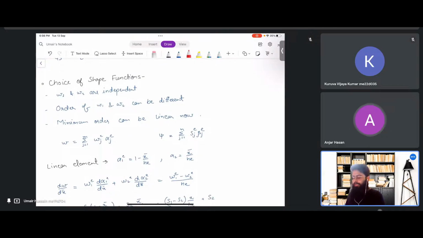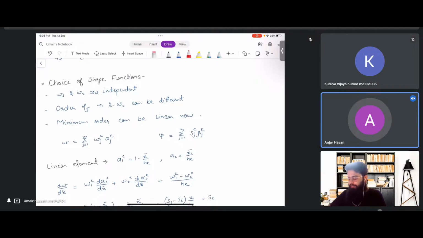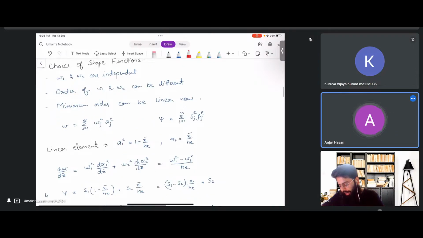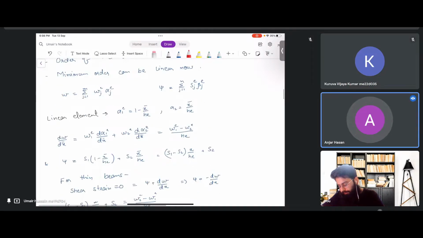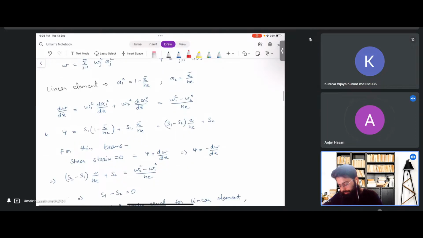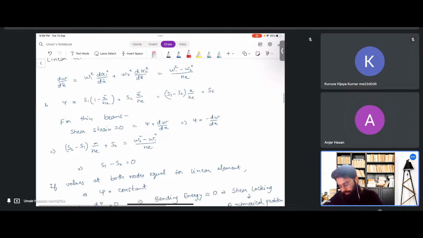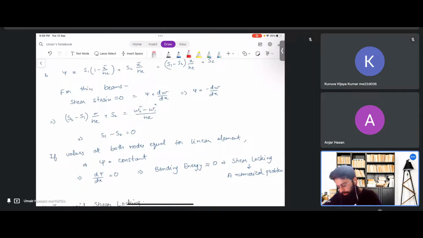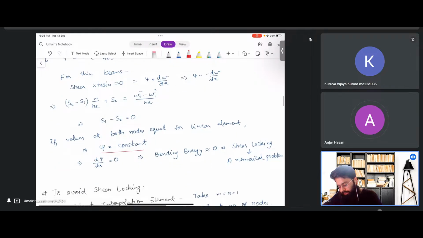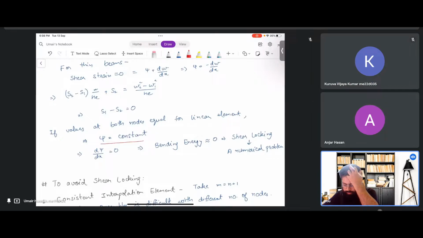We started with the linear shape functions for this problem, and we dealt with a problem that made the psi variable constant. This essentially meant that the bending energy of the system should be zero, and we came to know that this problem is known as shear locking, which is a numerical issue.